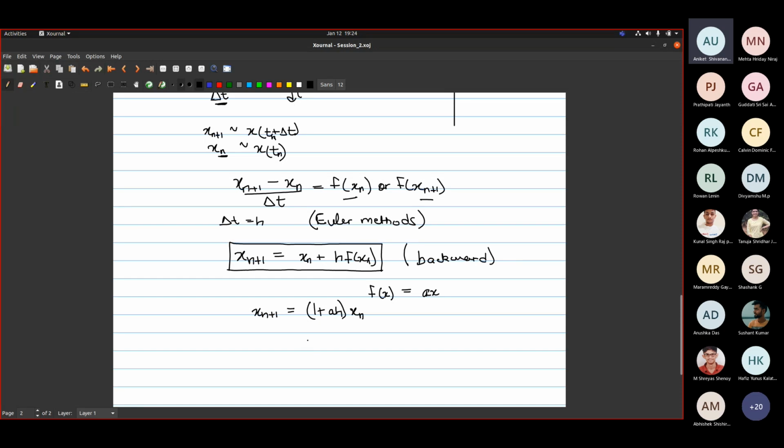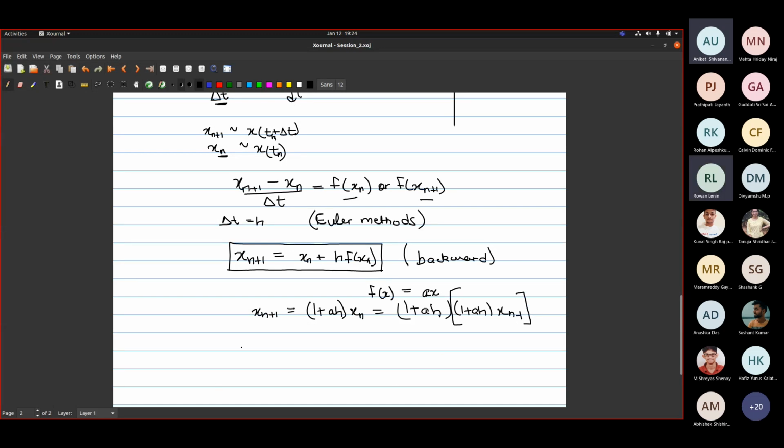And this actually simplifies our job even further. How does it do that? Because xn I can write as 1 plus ah times 1 plus ah times xn minus 1. Did everybody understand what was done here? Yes.